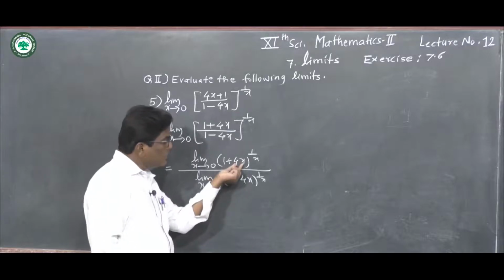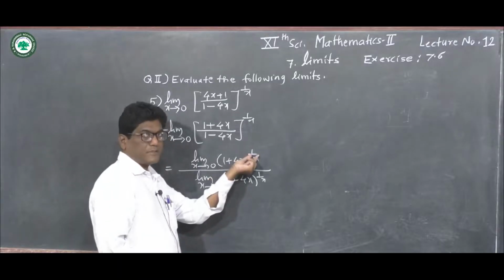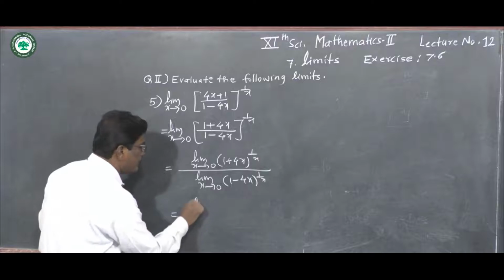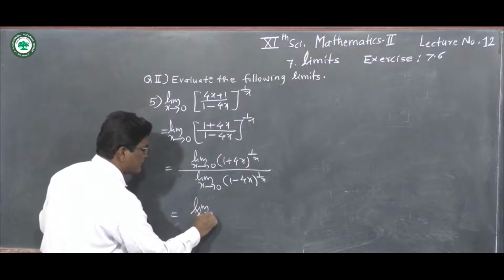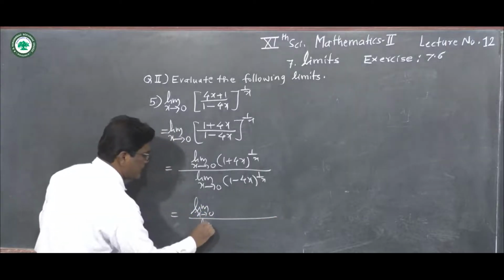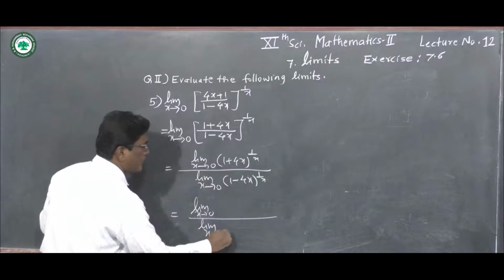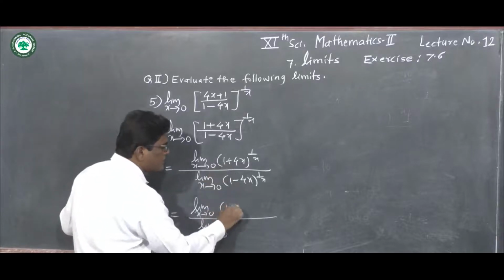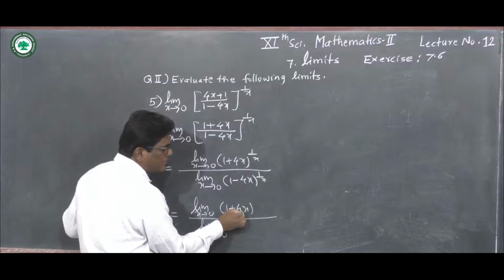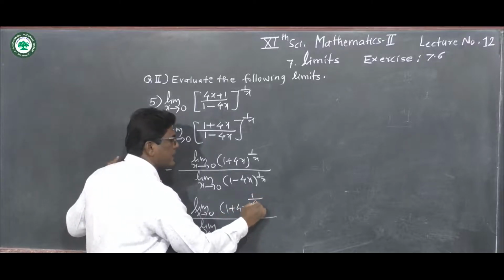We take the reciprocal of this 4x. So in the next step, limit as x tends to 0, and here also limit as x tends to 0. Here 1 plus 4x as it is. Take the reciprocal of this 4x as 1 upon 4x directly.